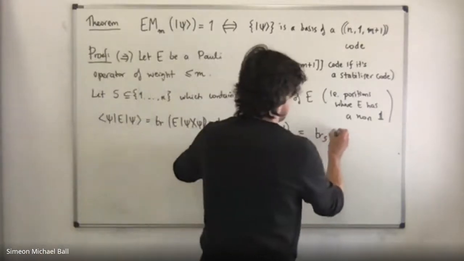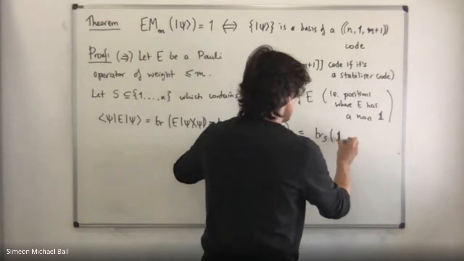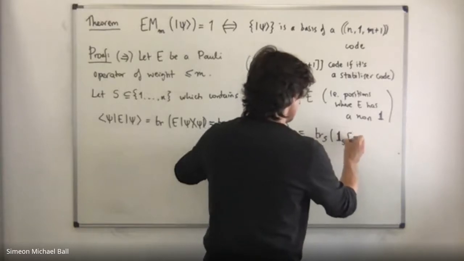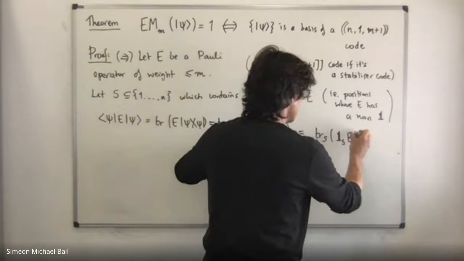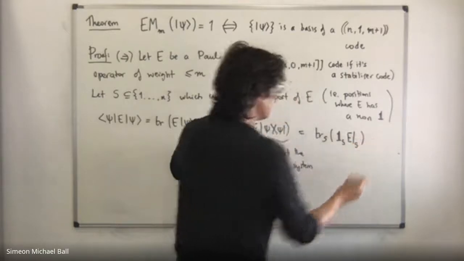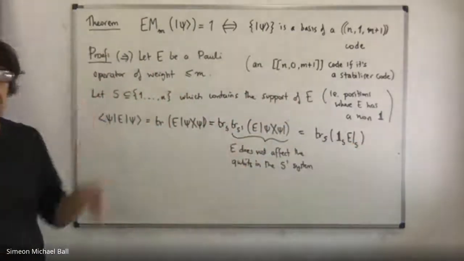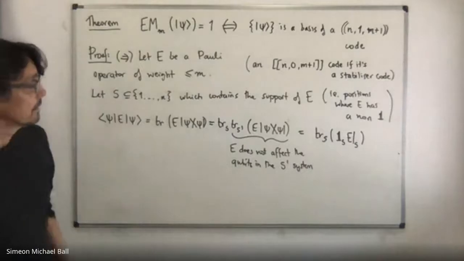We just get the identity on the S system times E, which is now restricted to the S system because the S prime system's disappeared.